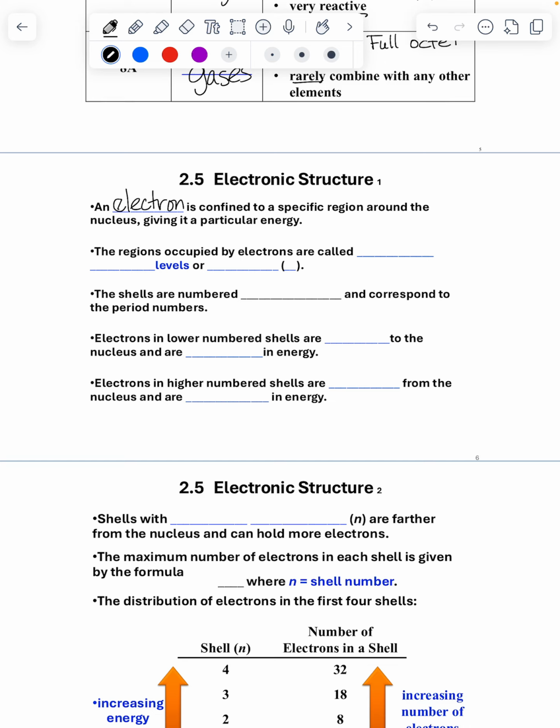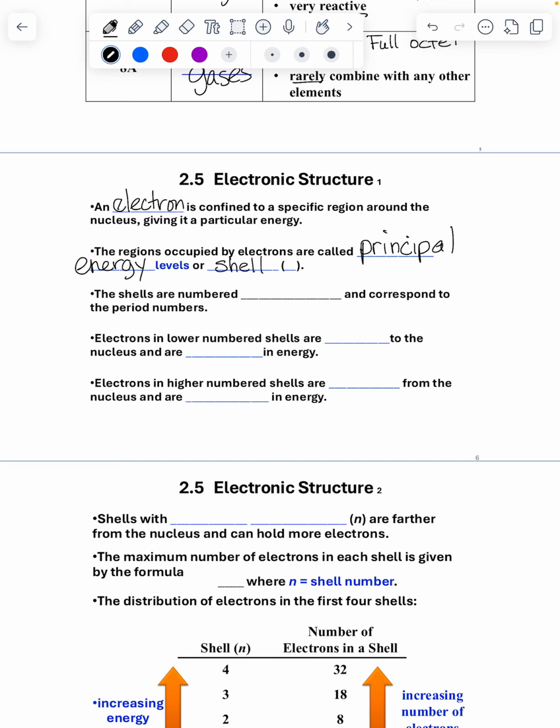The regions occupied by electrons are called principal energy levels. Another word for that is an energy shell. You may hear it referred to as a principal energy level, an energy level, or a shell.